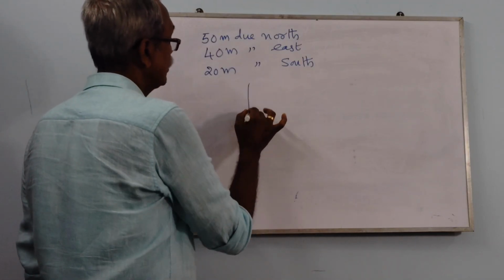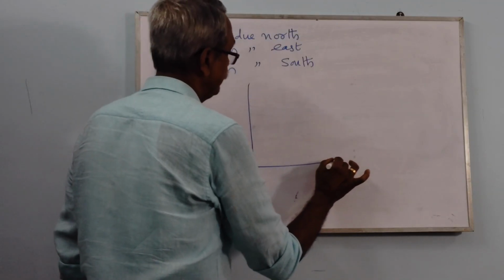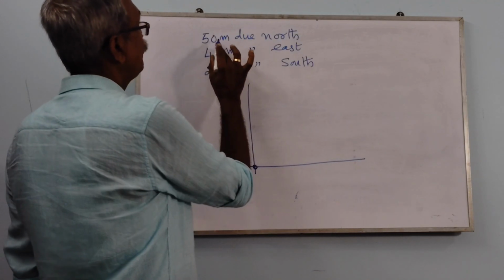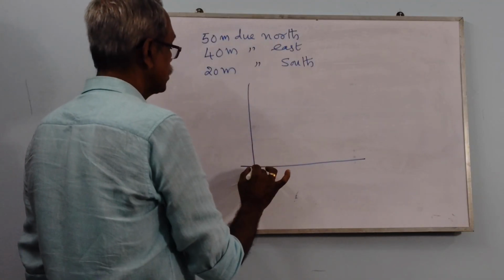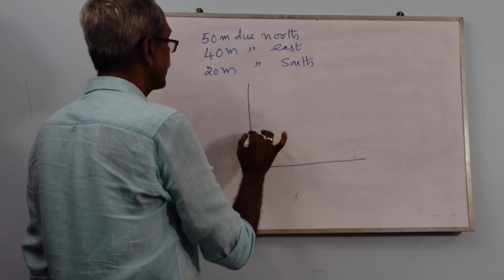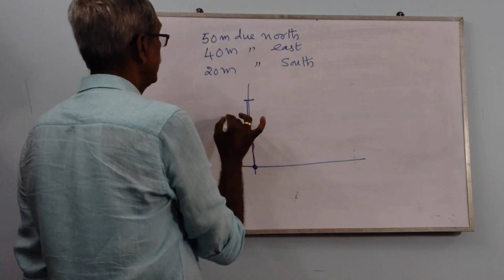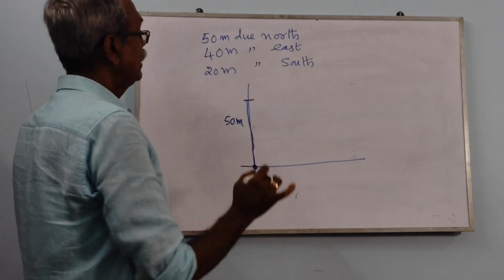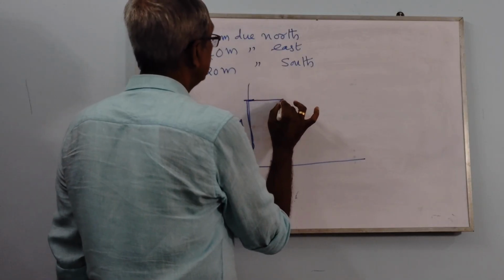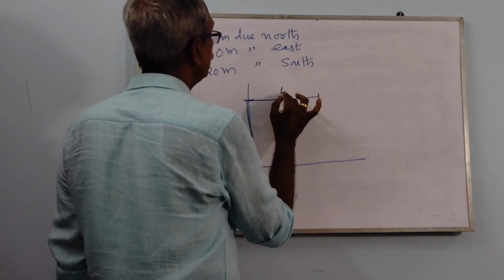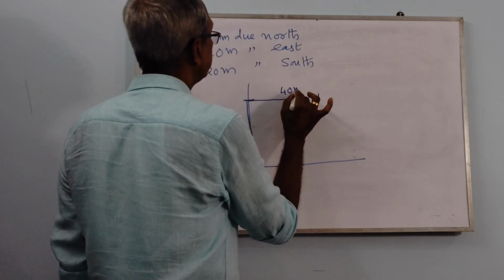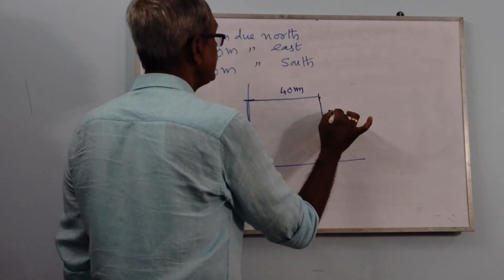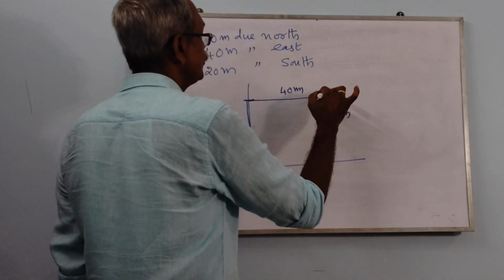So we draw a figure. He is moving from here, 50 meter due north. He has moved in this direction. This is the north direction. This is 50 meter. Then he travelled 40 meter due east, and then 20 meter due south.